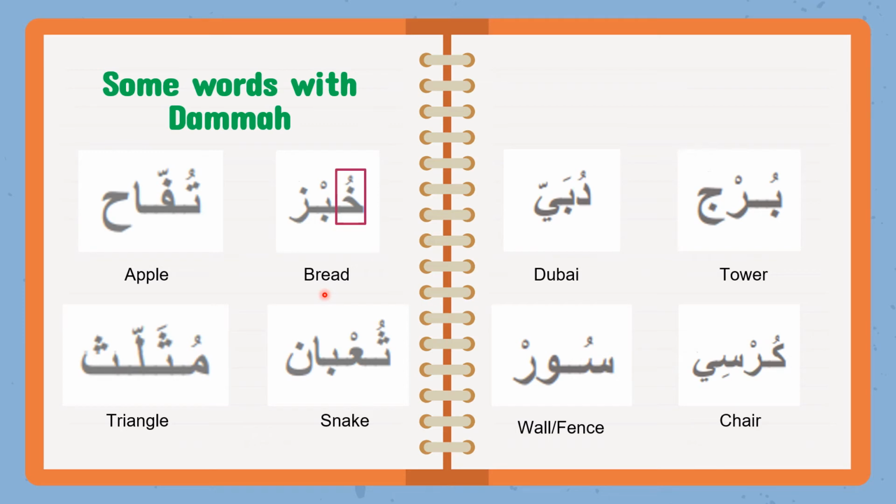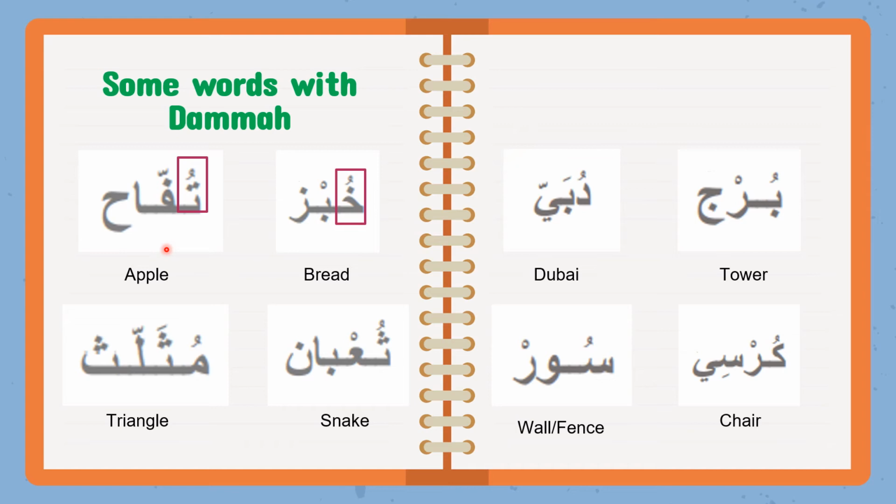And ba has sukoon on top of it, so it will be read as b. The next word is Tufah. Tufah means apple. In this word, the letter ta has Dammah on top of it, and it will be read as tu, and the rest as Tufah.